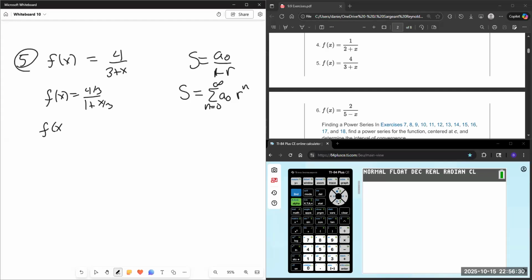So f of x is 4/3 over 1 minus a negative x over 3. So this is the summation from n equals 0 to infinity of 4/3 times a negative x over 3 to the n.